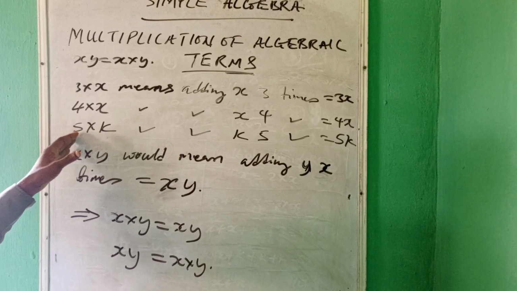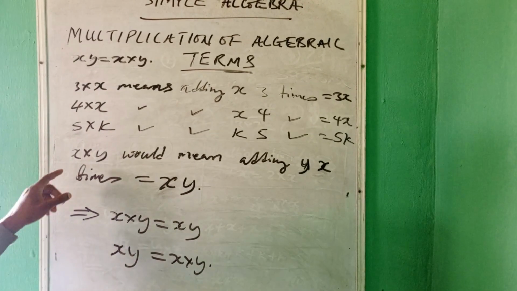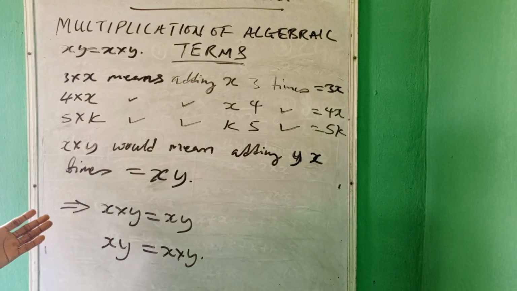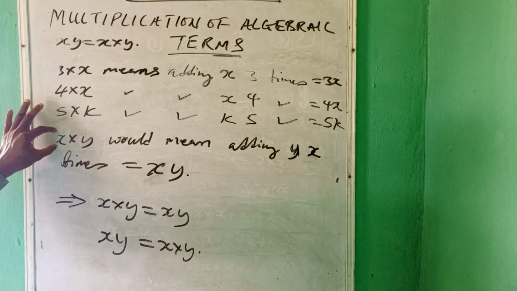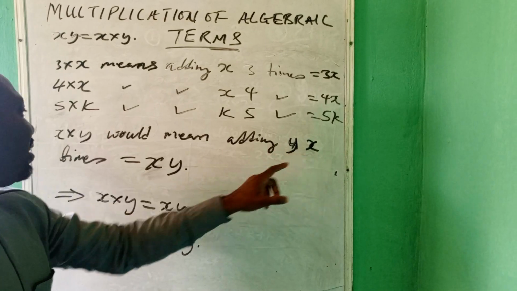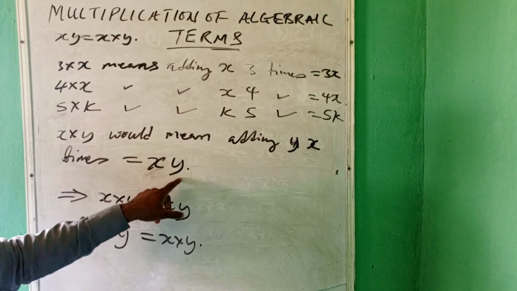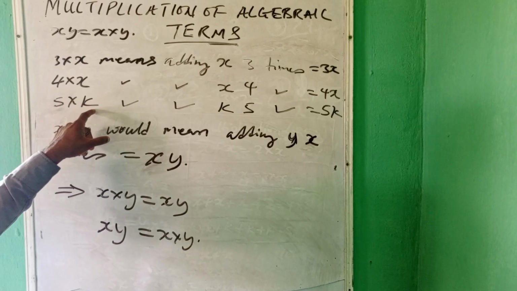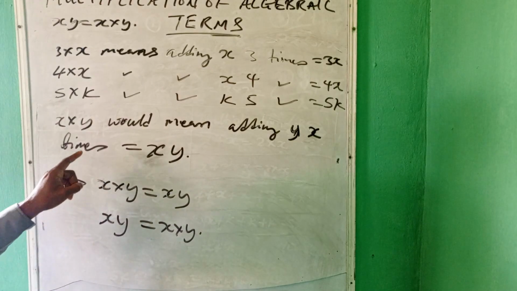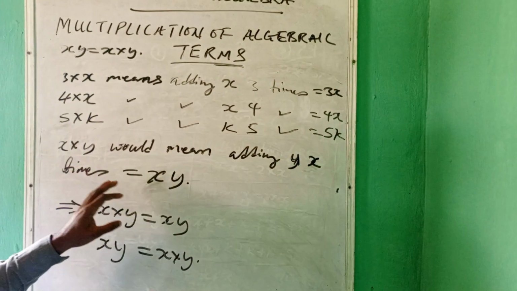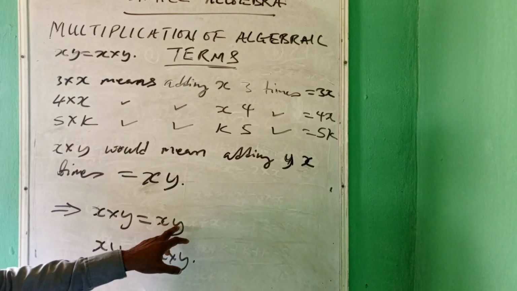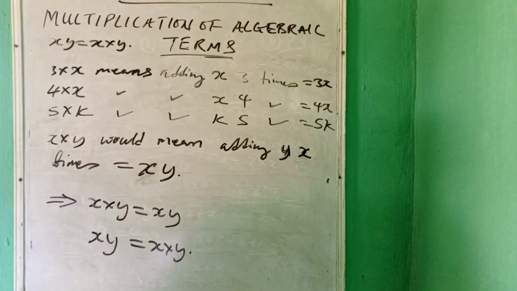That is how we now put x times y. This x can stand for any number like 10 or 20, but now we want to use a letter multiplied to a letter. So x times y would mean adding y x times, which is xy, just as adding k 5 times is 5k. So this implies that x times y is equal to xy, and xy is equal to x times y.